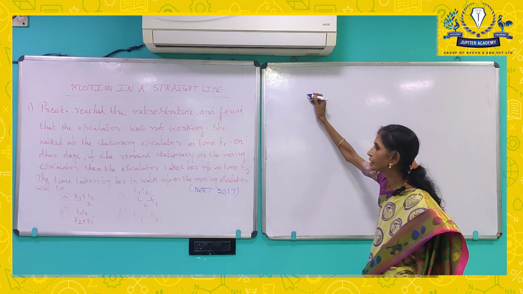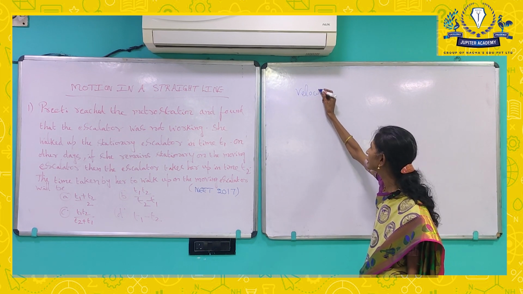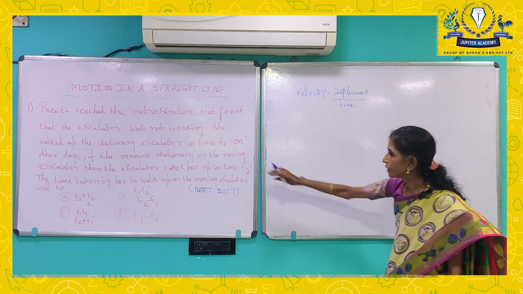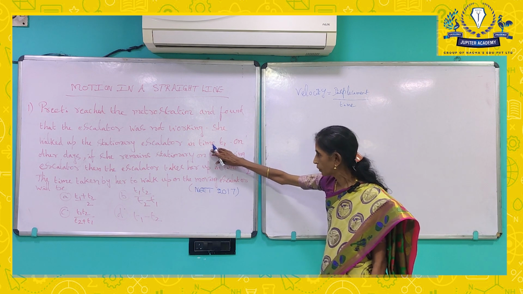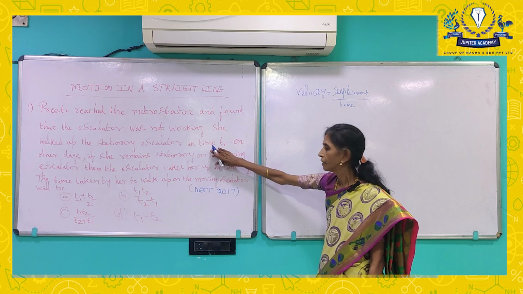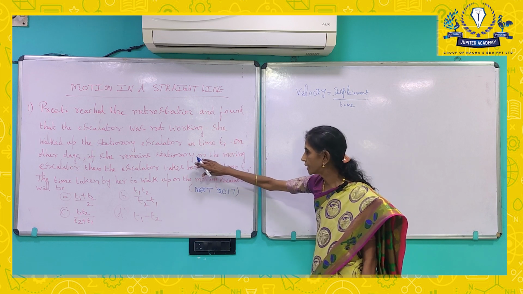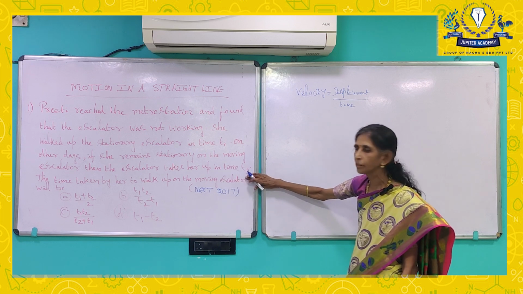So in order to solve the problem, let us go to the known formula. Velocity is equal to displacement by time. Now we know that when the escalator was not working, she took a walk and for her the time taken is t1. When the escalator was working, the time taken for her is t2.